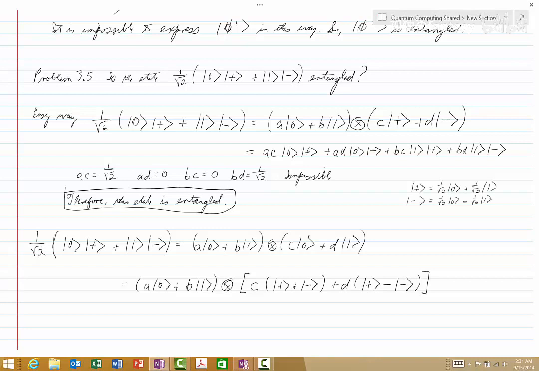So we need, instead of c here, we need c times the square root of 2.